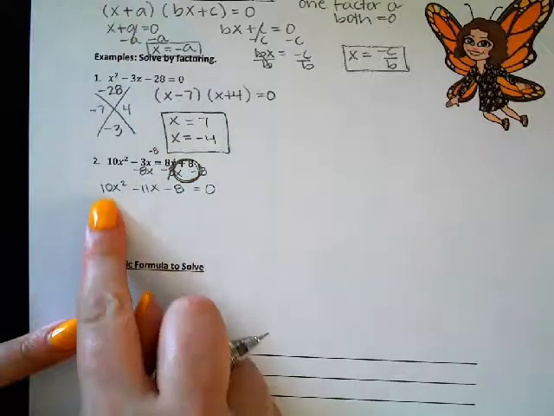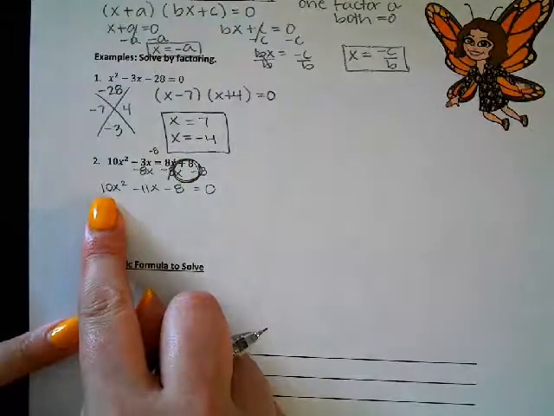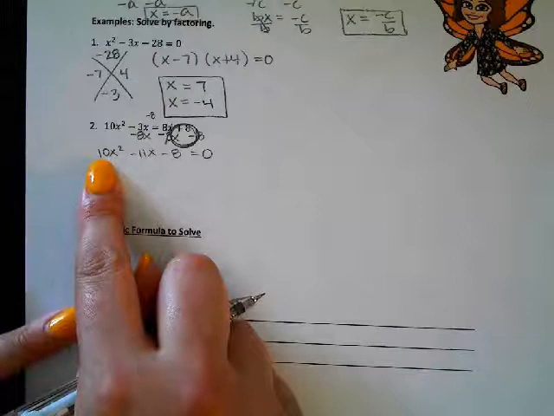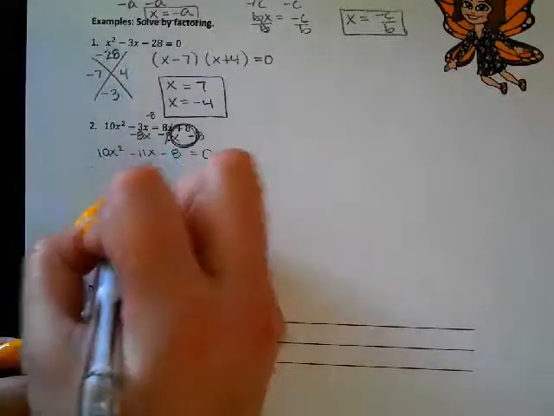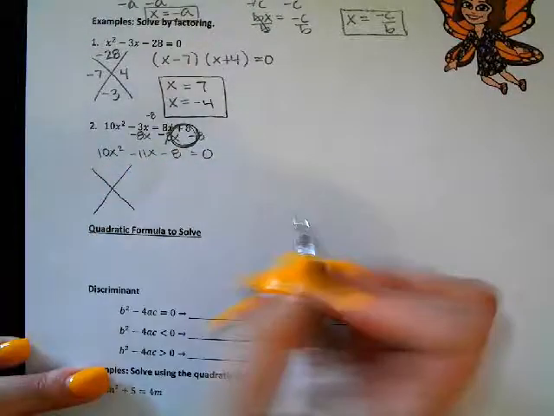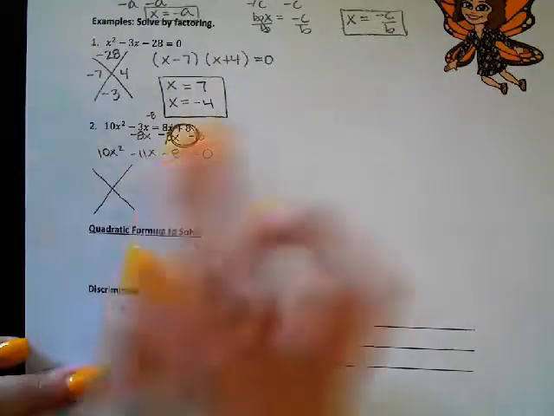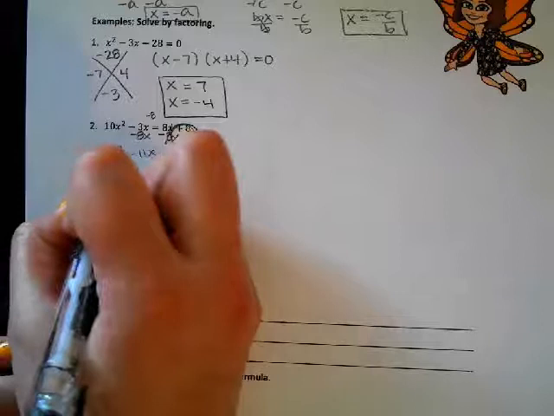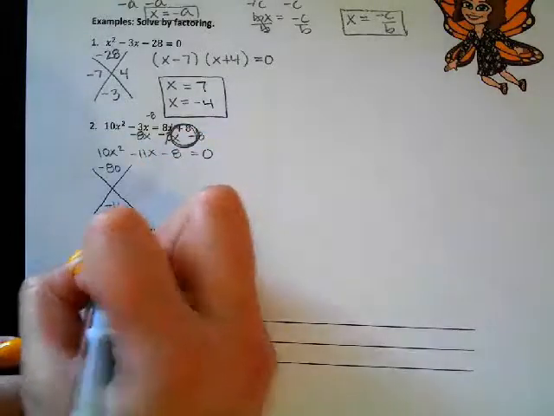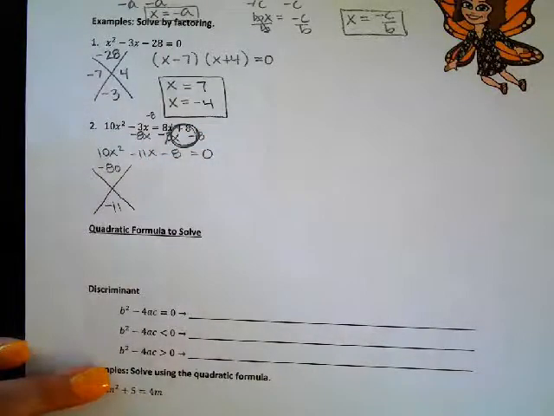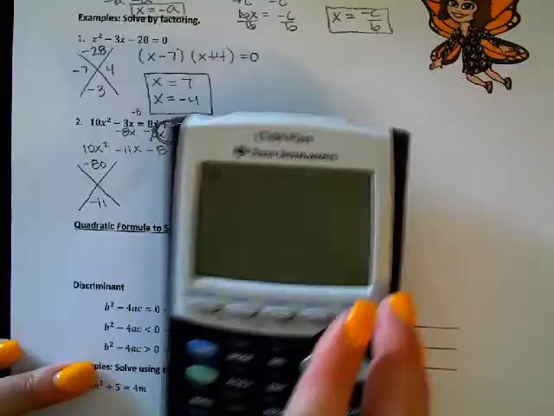And since there's a coefficient with the x squared term, that means that this is a slide divide problem. So I'm going to slide the 10 over to the -8. 10 times -8 is -80. So we're looking for two numbers that multiply to -80, but add to -11.